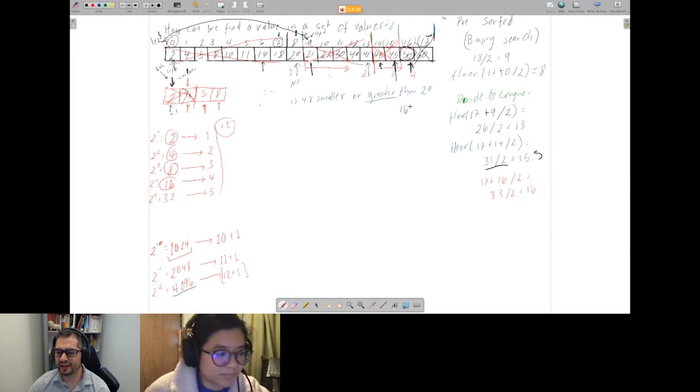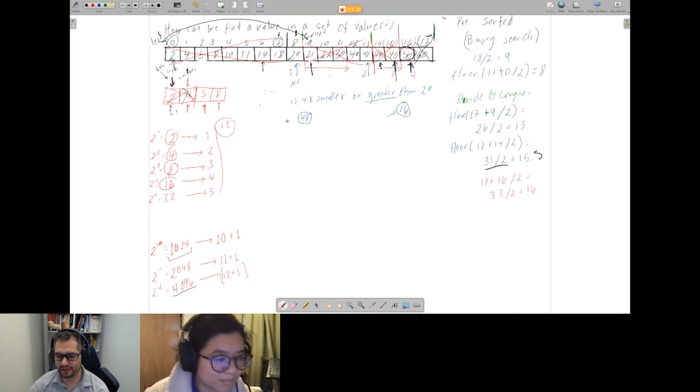So now you cannot return 16 because that would mean that you found the value at position 16. But what if I want to tell the user, if you want to insert 48, it's not there. I couldn't find it. If you want to insert 48 in this array that is supposed to be kept sorted, you should insert it at position 16.